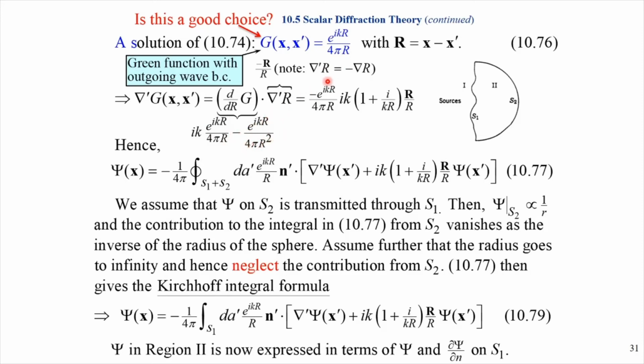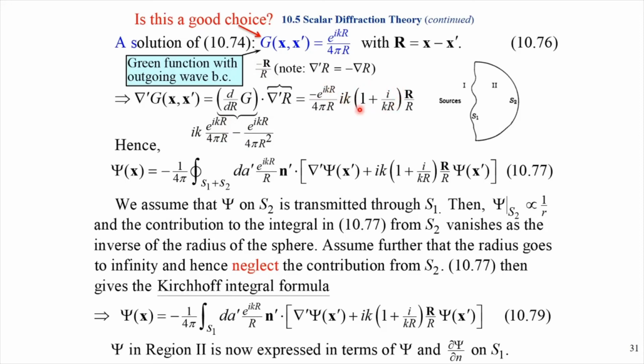So we can factor out e^(ikR) over 4 pi R to the front. So we got ik and ik here. This one corresponds to this one. And this one, we have a minus sign here, and here we have ik.